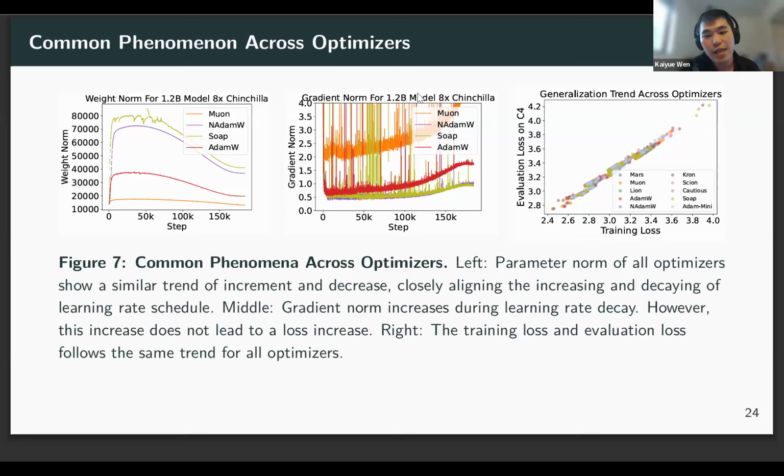But we do observe that roughly speaking they are on the same line, and it's very hard to tell one optimizer from another from this plot. So we come to the conclusion that at least in the one pass training regime, there's no significant difference between optimizers considering the domain generalization from the training domain to a downstream domain.